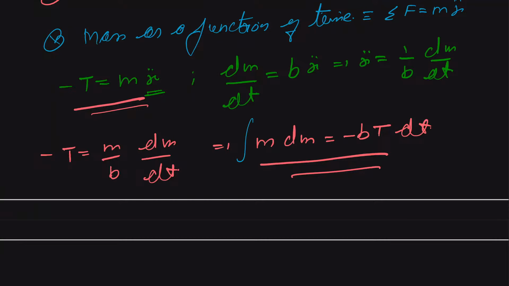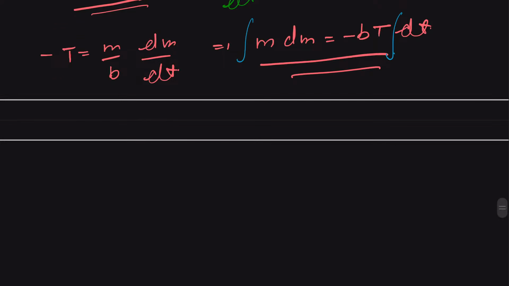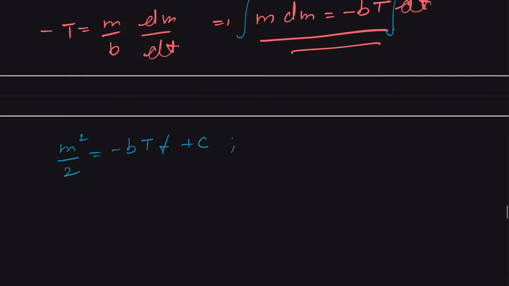So we are going to get m square by 2 is equal to minus bT into t plus c. And we can use our initial condition to find out the constant c.